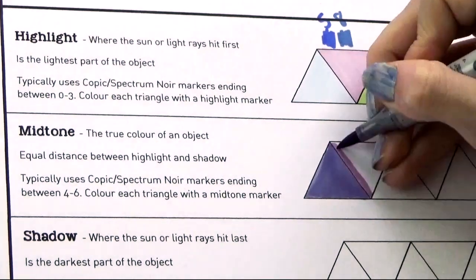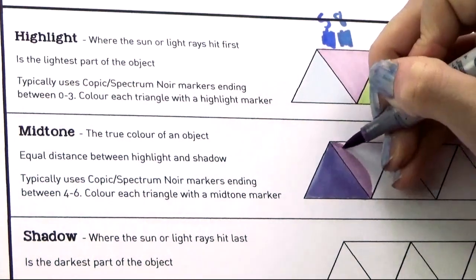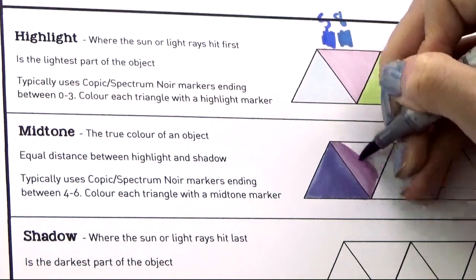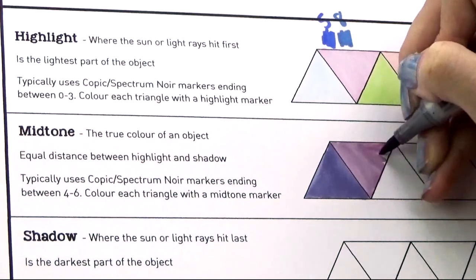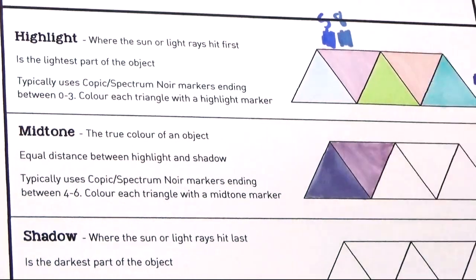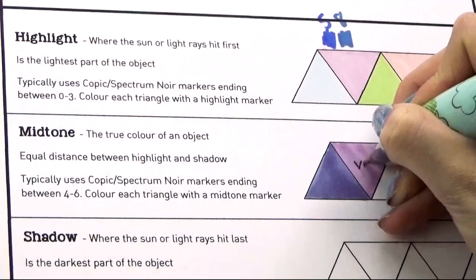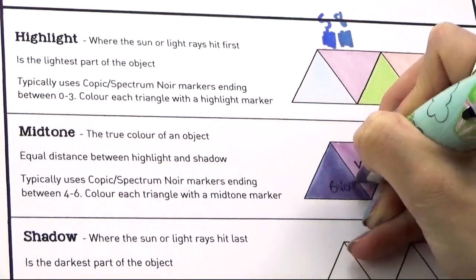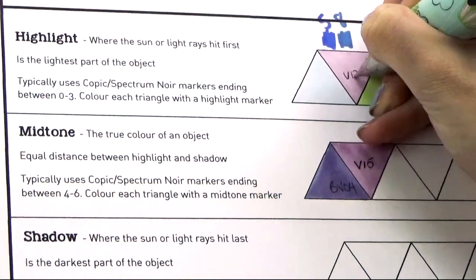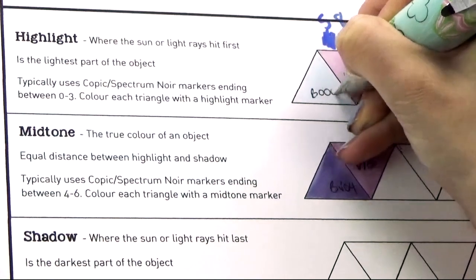V15 for me next. This is going to be a lot darker than the V12 that was above. And you can even write the colours next to them. So I'm just writing that this is a V15 so I can see which colours I've used. BV04 and I used V12 at the top, B000.